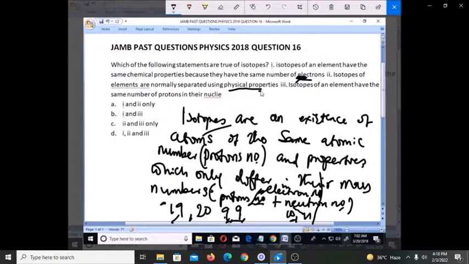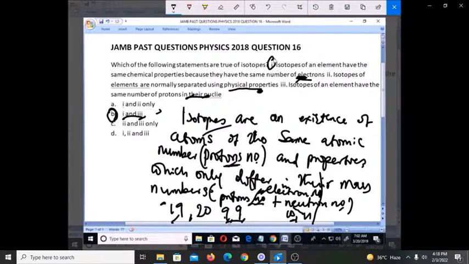We don't know of this fact, so this cannot be true here. But III says isotopes of an element have the same number of protons in their nuclei. That is what I said here. So this is also correct. So we have options I and III to be correct. So B is the right option because I is correct and III is correct. So we are very sure about these two.